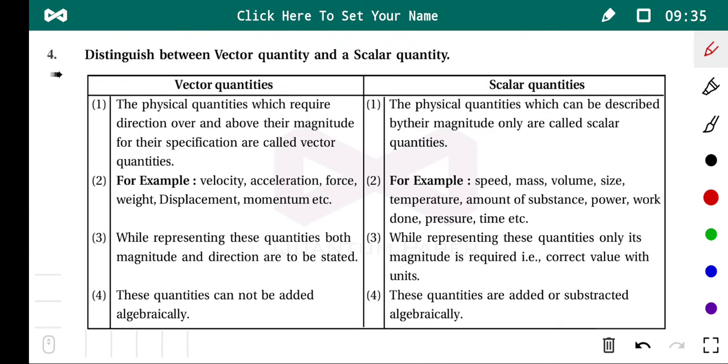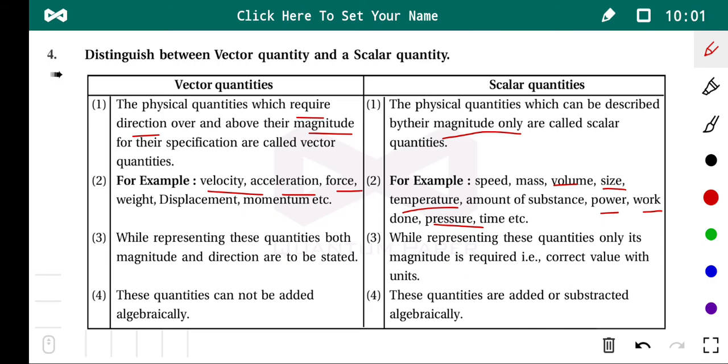So we have to know vector quantity needs directions and magnitude, while the scalar quantity needs only magnitude. There are quantities like velocity, acceleration, force, etc., whereas temperature, power, work, volume, size, density, pressure, work done, all are scalar quantities.